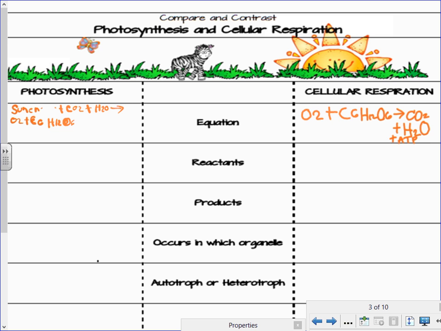What is a reactant? Tell us what that word means. I don't want to know about photosynthesis. I just want to know what the word reactant means. What word do you hear in reactant? React. So what does the word react mean?